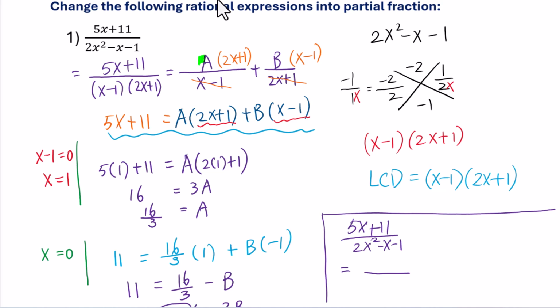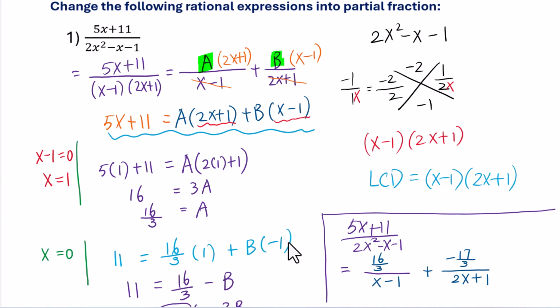Now we will substitute 16 over 3 for a and negative 17 over 3 for b to get this partial fraction, which is 16 over 3 over x minus 1 plus negative 17 over 3 over 2x plus 1.